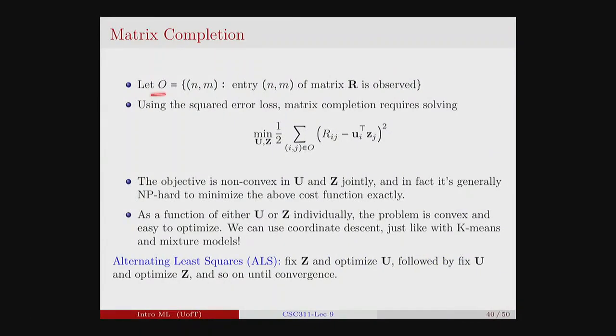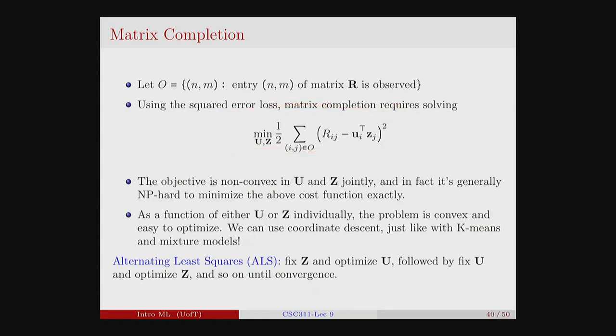So let O of n comma m be the subset of entries in matrix R that are actually observed. And then under the squared error loss, the matrix completion problem requires solving this optimization problem.